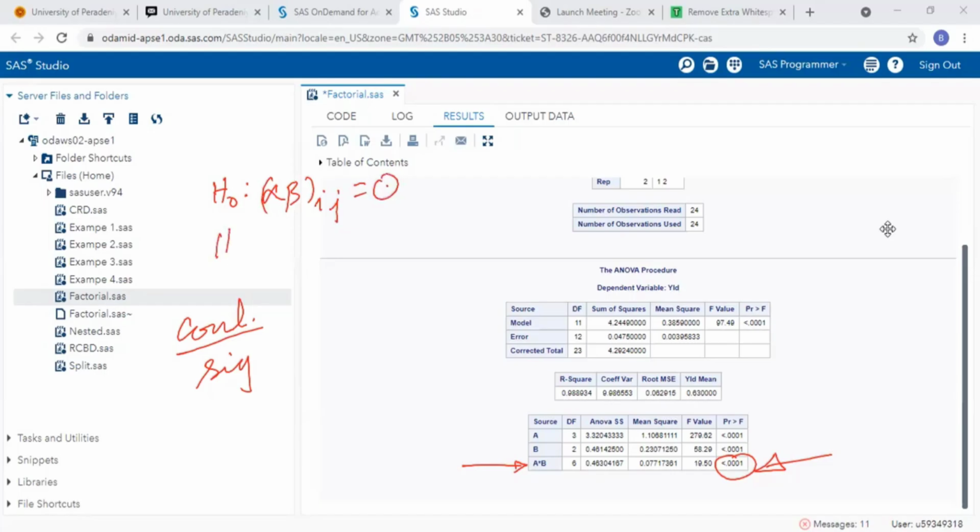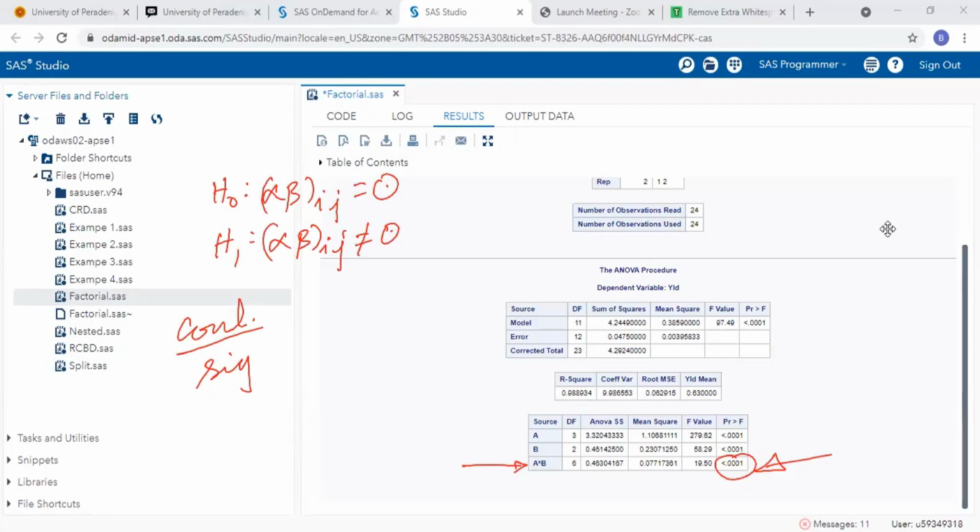Yes, sir. The alternative is that at least one of these combinations is not equal to 0. That means at least one of the treatment combinations is different from the rest of the treatment combinations. So that means there is an interaction effect.